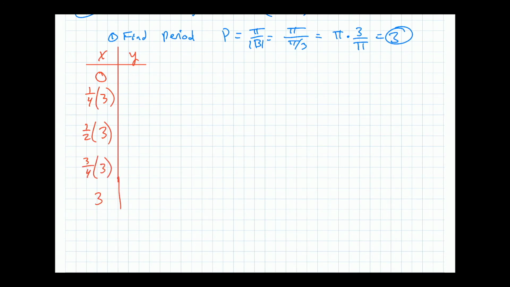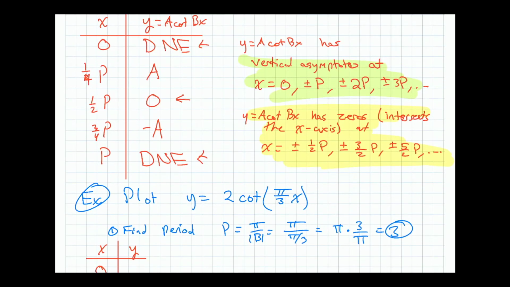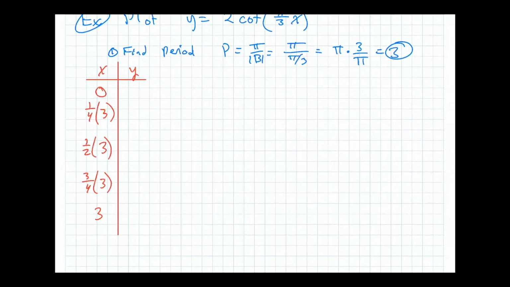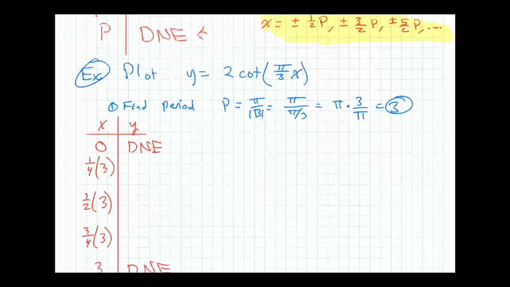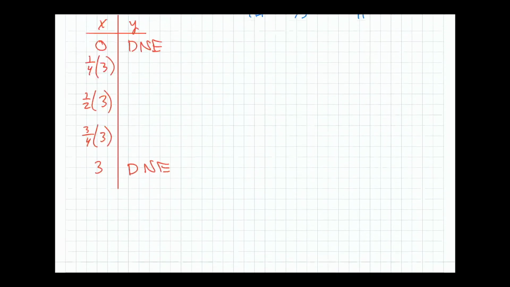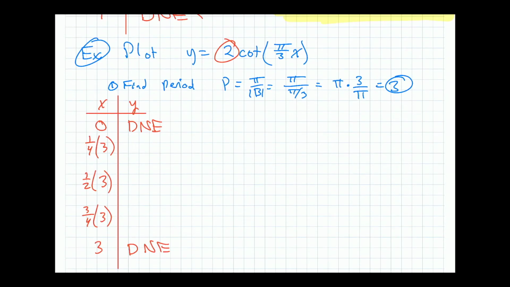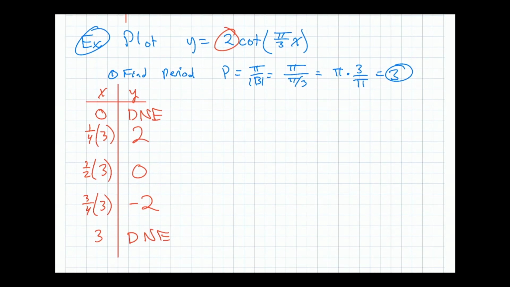And then you just have 3. Then for your y values, what do they do? DNE, A, 0, negative A, DNE. So DNE, DNE, and then in between it's A, 0, negative A. So what's A? It's 2. 2, 0, negative 2. There you go. So we should be able to plot one period very easily. And if we need more periods, we can do it.